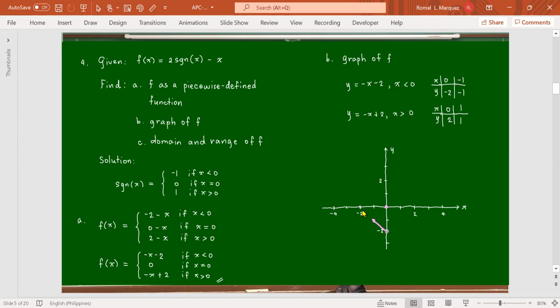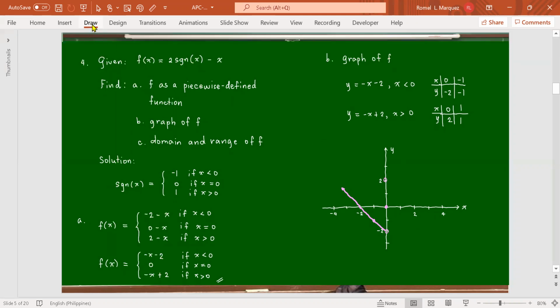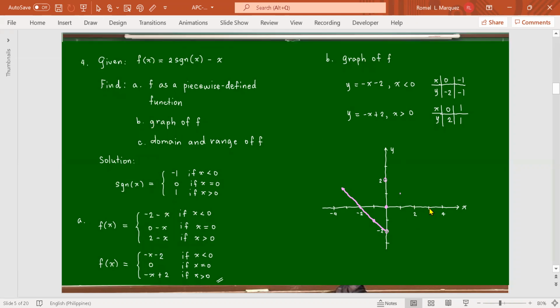It passes through negative 2, 0, and then goes upward without end. Am I clear with this, guys? What about the other one? It is a hole at 0, 2, and then it passes through 1, 1 together with 2, 0.